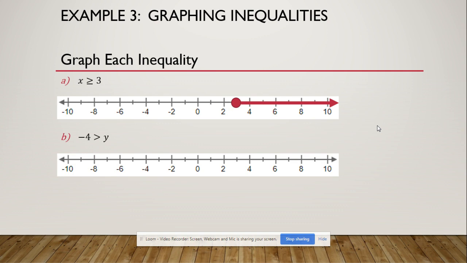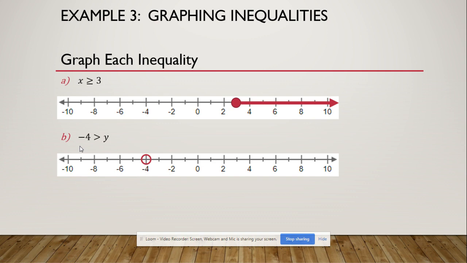All right, so now -4 is greater than y. So we're going to start out at that -4. Notice the difference between the circles. This time I did not fill it in. This is not or equals to. -4 is not a solution. So we're going to use that empty circle.